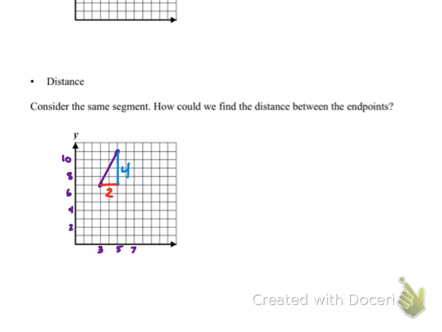So by the Pythagorean theorem, I would say that 2 squared plus 4 squared is equal to, let's call this c squared. And so I'd have 4 plus 16 is equal to c squared.